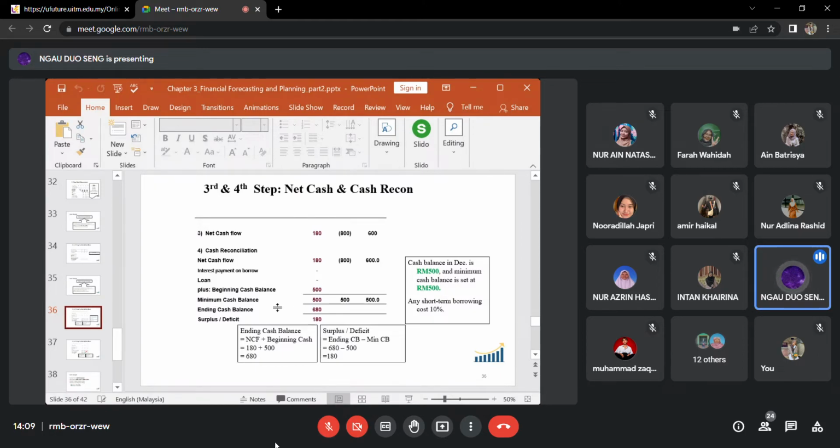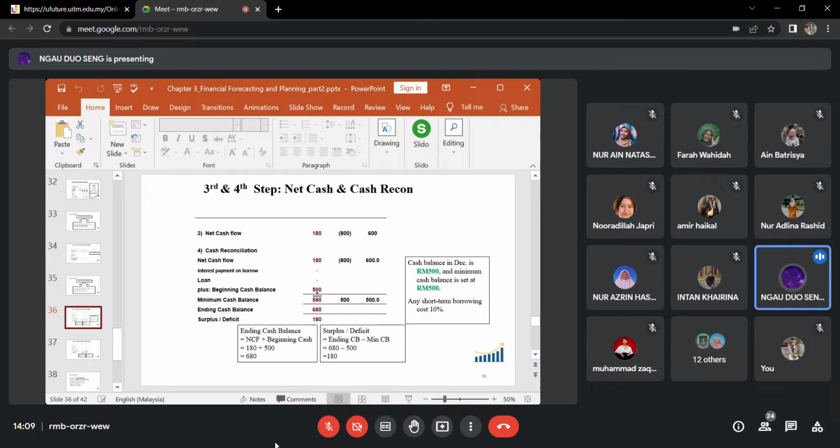Right, ending cash balance. Alright, so you just add, ending cash balance adalah net cash flow 180 tambah beginning cash balance, kita ada 680. Alright, 680 here, ending cash balance. And then using ending cash balance, kita tolak minimum cash. Minimum cash balance adalah the cash yang kita kena maintain dalam company.